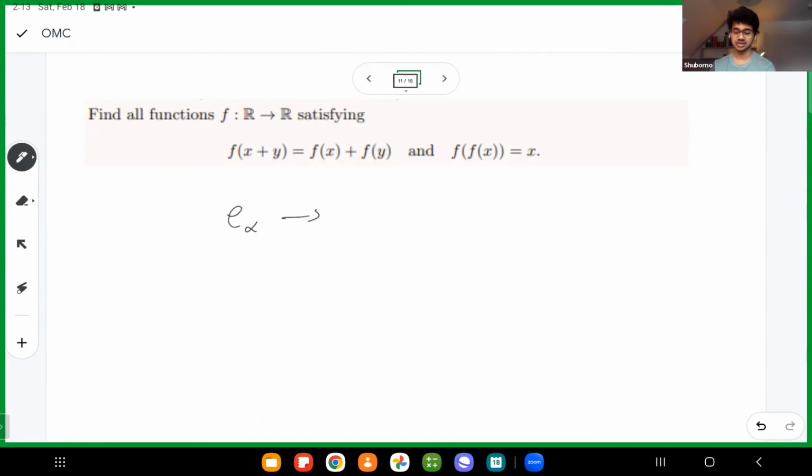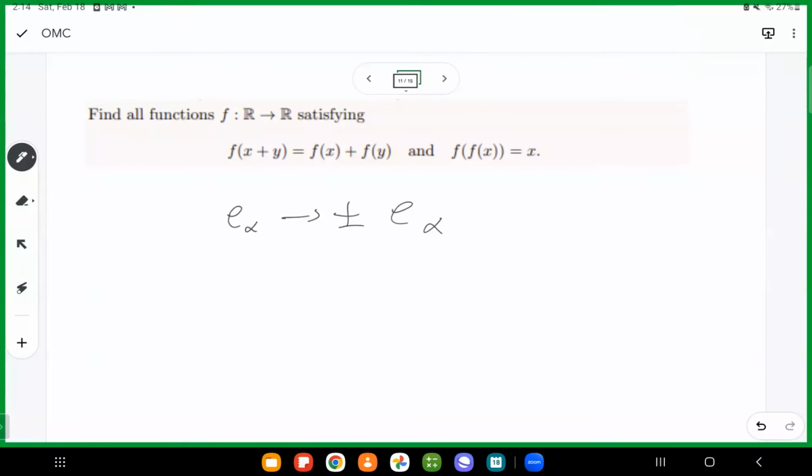In the weak sense. So if you assign each E alpha to plus or minus E alpha, basically X or minus X as the two values that it's taking, then in that case the involution will work.